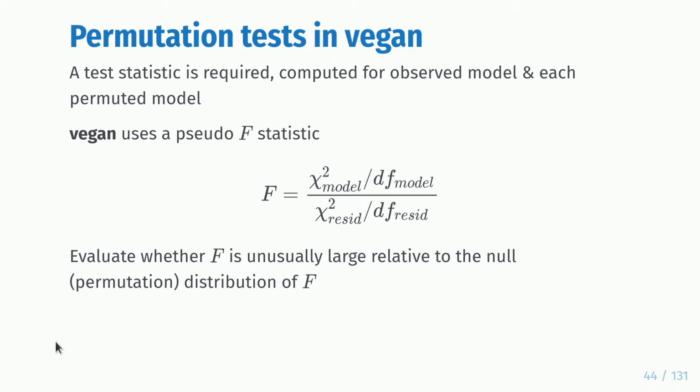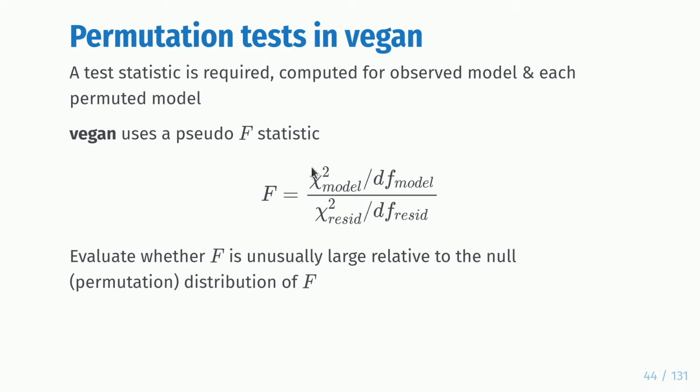Okay, if we're doing permutation tests, we need a test statistic, and we compute that for our observed model and for each of our permuted models, whether we've permuted the species data and refitted the model, or permuted the residuals and then refitted our model. The test statistic we use is a pseudo-F statistic, with a form similar to the F-statistic in regression.